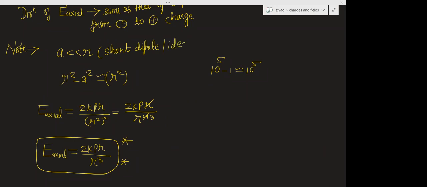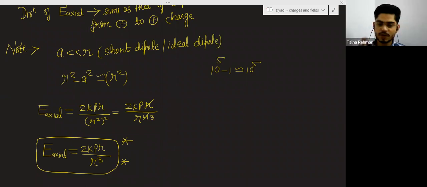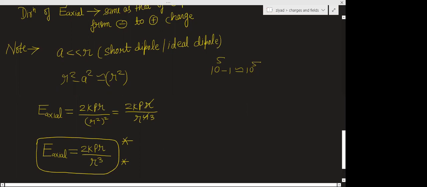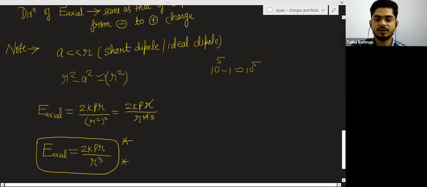It means if you have a dipole whose charge separation is very small compared to R, then we can neglect A in comparison to R, and we will get this formula.